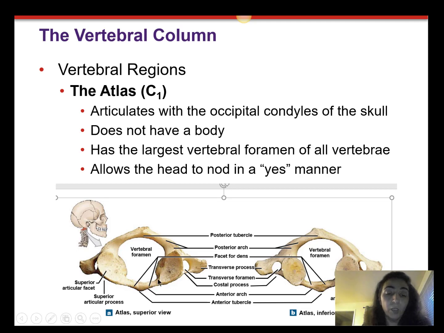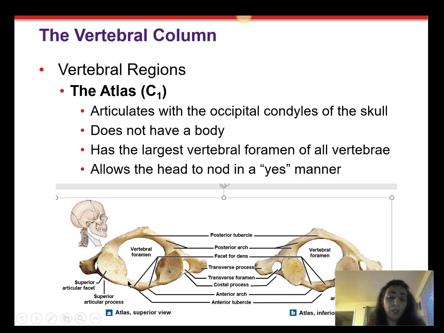So this is what is specific for the atlas, and that's the way that you recognize it from all other cervical vertebrae. The first thing that you notice is that it has the transverse foramen, so you can say that it is a cervical vertebra, and it is an atlas because it has no body here. It's a complete ring as you see.